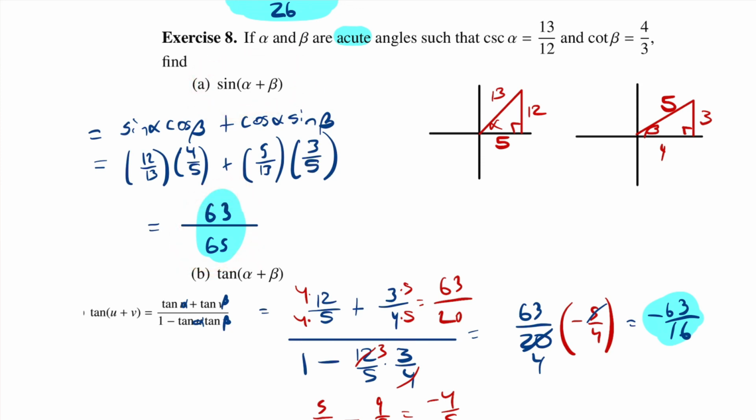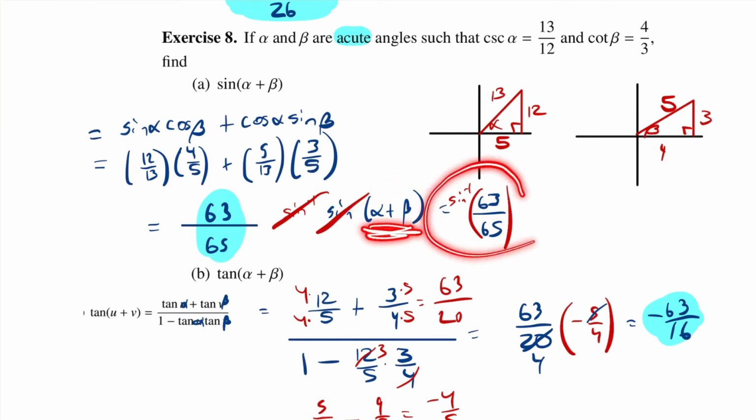Well, on this side, you get the sine and inverse sine to cancel. So you get the sum alpha plus beta is equal to the inverse sine of 63 over 65. So on your calculators, if you're in degree mode, it might be a little easier. So inverse sine 63 divided by 65 is 75.7 degrees.